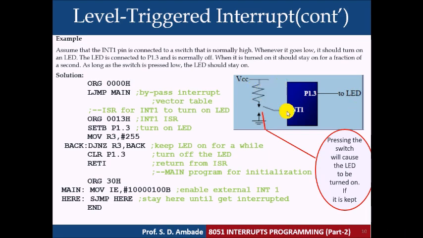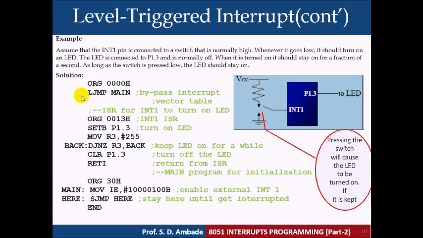So INT1 is connected to this switch which is normally high, and the LED is connected to P1.3. Whenever the status of this switch goes low, it should turn on this LED for a fraction of a second. Start the program.